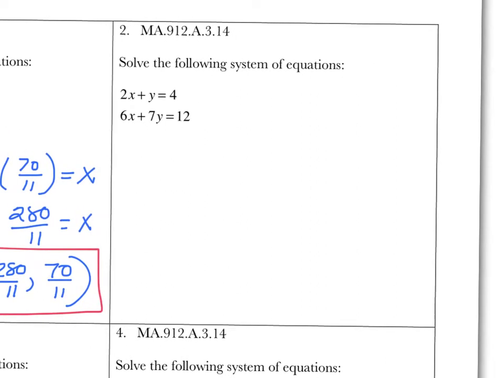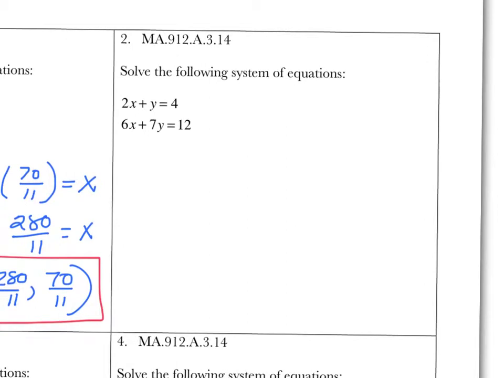All right, moving along to number 2. I can solve this, and there are other ways you can do it, but I'm going to explain that the easiest way to solve this one is by multiplying the top by, you could use substitution, but I'm going to multiply the top by -3.